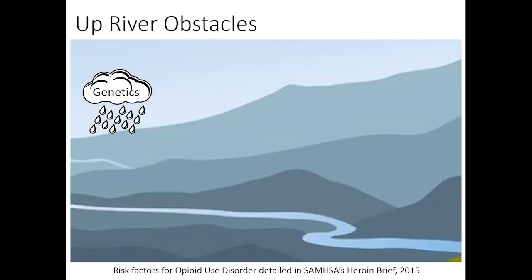So if we're looking at upriver, there are many ways in which we know that genetics plays a factor in people's having a substance use disorder, but we also know there are other major risk factors for opioid use disorder, and we know this through SAMHSA, the Substance Abuse and Mental Health Services Administration, had a heroin brief that they did in 2015 that really outlined some of the major risk factors associated with opioid use disorder. And so if you could forward through the different obstacles, Sagar, that would be great.